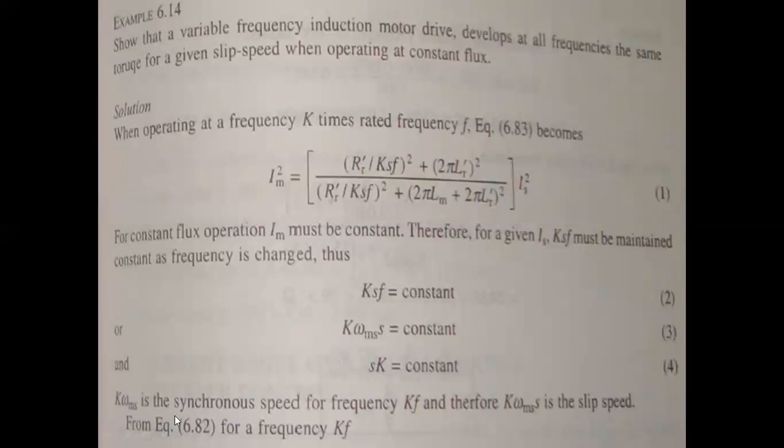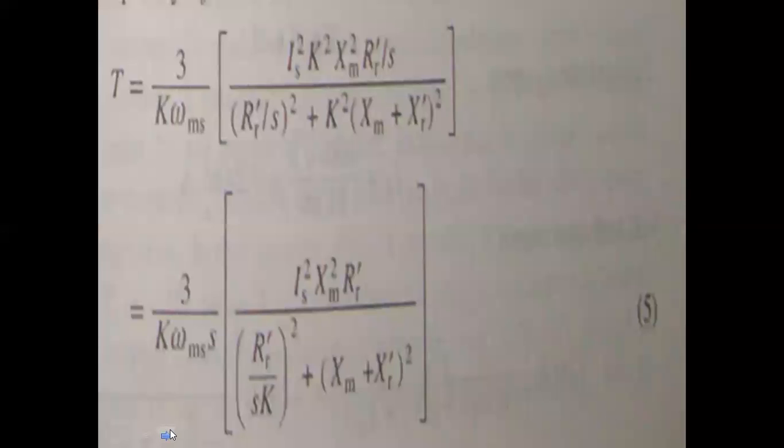So from the earlier equations for the frequency kf, I can write T, the torque. We have to show that torque will be constant for all the frequencies. T is equal to 3 by k omega ms, remaining equation same: is square, k square, xm square, rr dash by s whole square plus k square into xm plus xr dash whole square.